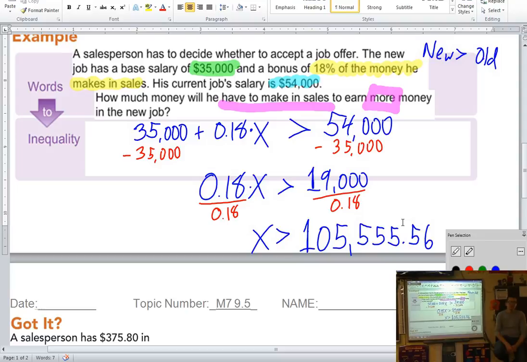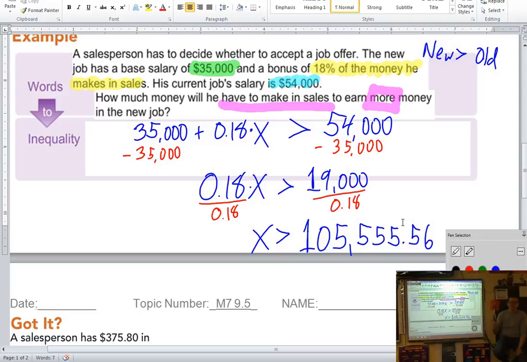Do you think a car salesman could sell $9,000 worth of cars in a month? Yes. That's like a car. That's like a half or a third or a fourth, depending on what type of car you're looking at. $9,000 is a car.